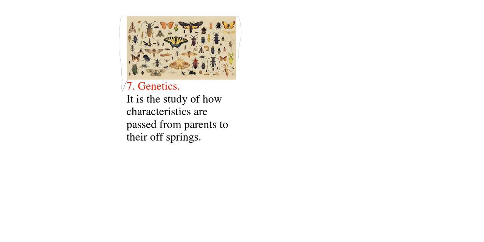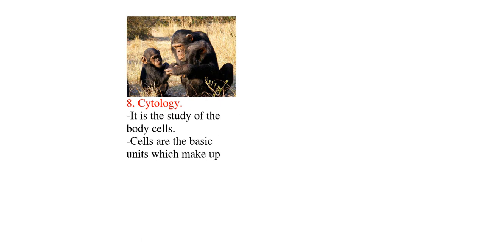Number 7, we have genetics, a branch of biology that deals with the study of how characteristics are passed from parents to their offspring. Here I have a picture of the parent and the offspring.